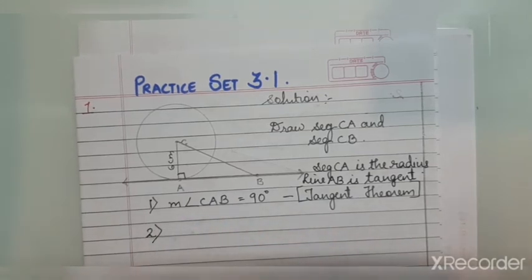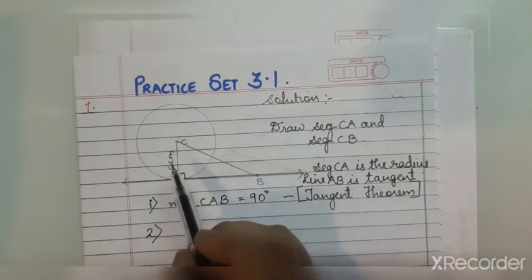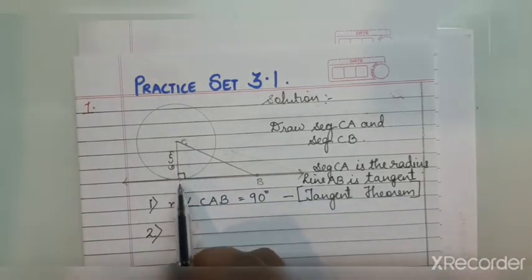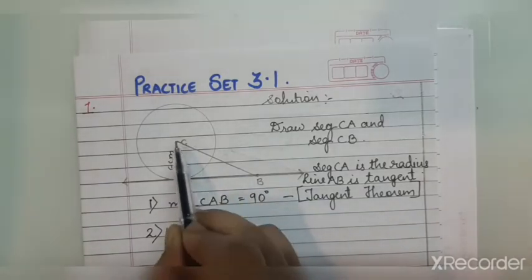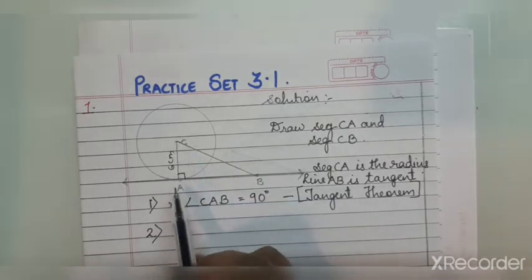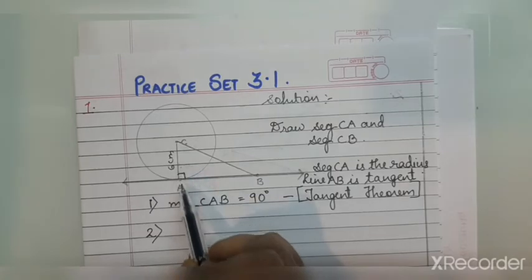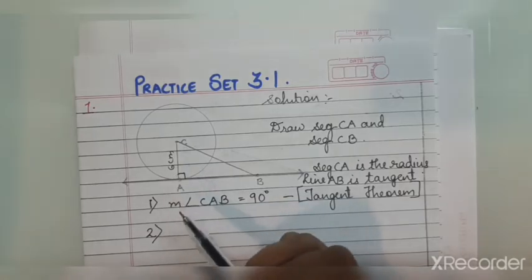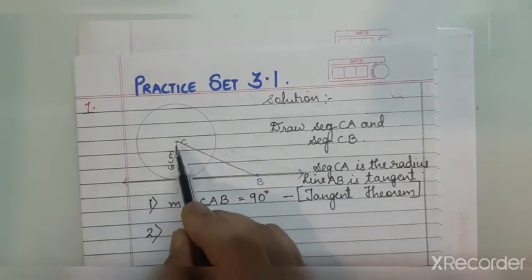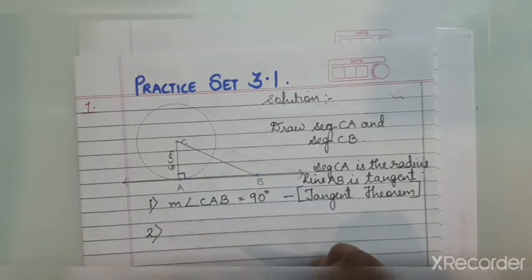Now the second question is, what is the distance of point C from line AB? Now look at point C and look at line AB. So what is the distance between point C and line AB? We can see the distance is the perpendicular distance, and that is CA. Okay, and they want to know how much is the distance and why. Now here we have written already that CA is 6 centimeter.